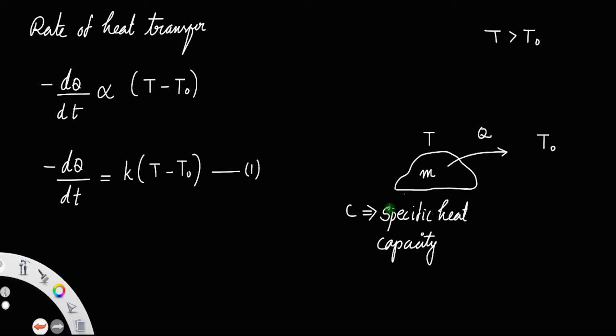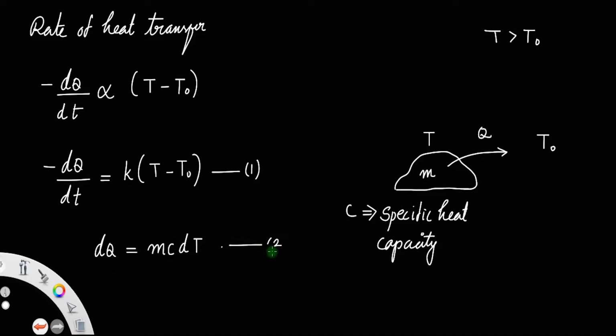Now, for any body, if dQ is the amount of heat transferred, then that heat change will be equal to mc dT, where dT means the change in temperature. For any body, dQ equals mc dT.